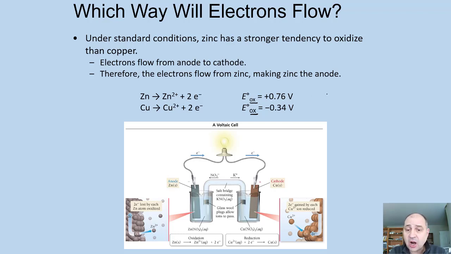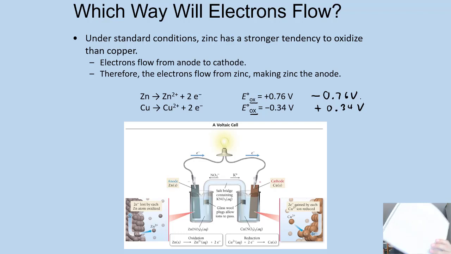If you look at the chart, you will find those numbers to be the opposite: 0.76 volts, and this is going to be plus 0.34 volts.